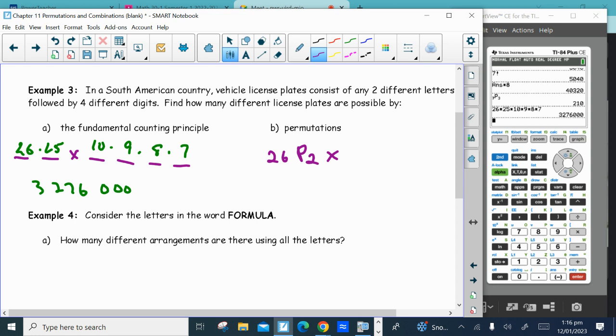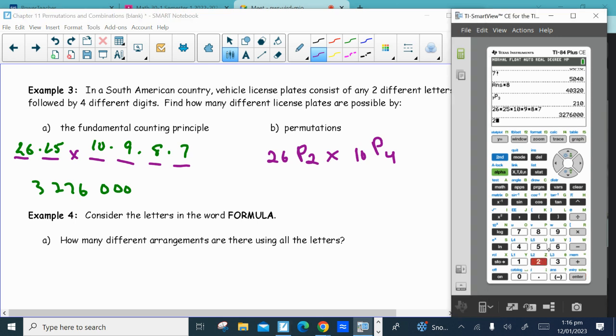You can use permutations nPr as long as repetition is not allowed. So there's a number of ways of getting your letters, times the digits. There are 10 different digits to choose from, and you're going to choose 4. Again, order matters, so that would be 10P4.